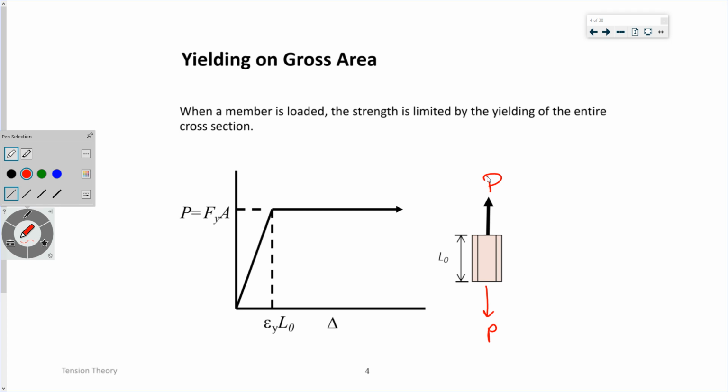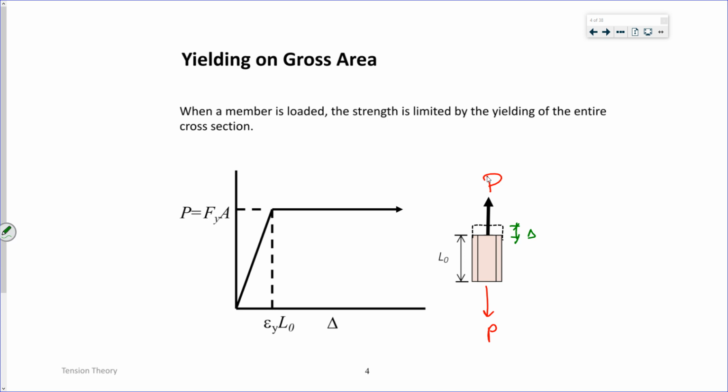It elongates some amount delta, and I can create this chart where I have my deflection, my elongation on the x-axis and applied tensile load on the y-axis.